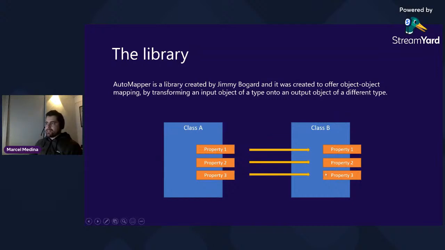We have properties being mapped here. That's the simplest scenario that shows how we can use the library. This is the website available so that you can check later and try new experiments.